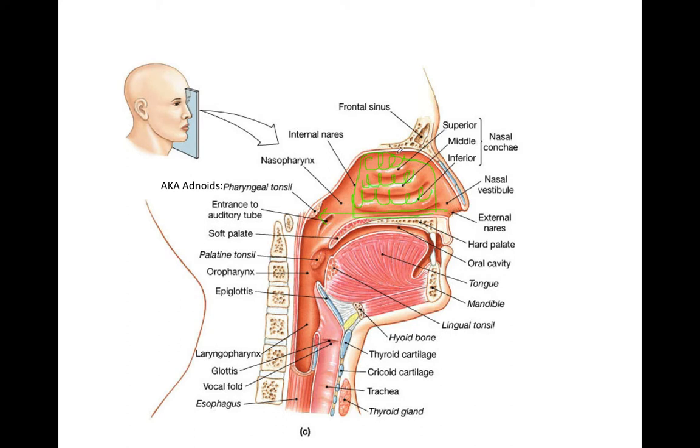Also, the mucus is going to humidify, add moisture to that air that's coming in. And with this increased surface area, the air is now going to be exposed to lots of blood flow that is underneath this respiratory epithelium.